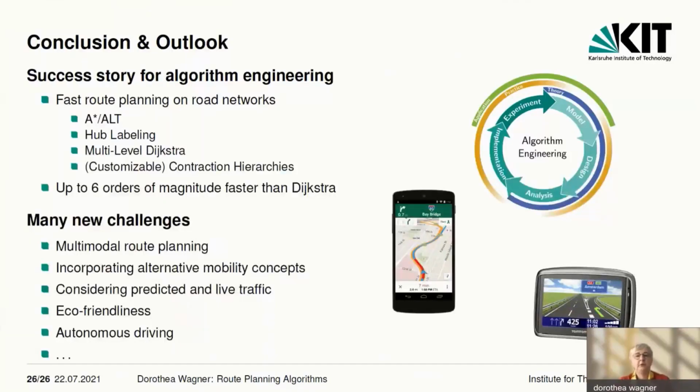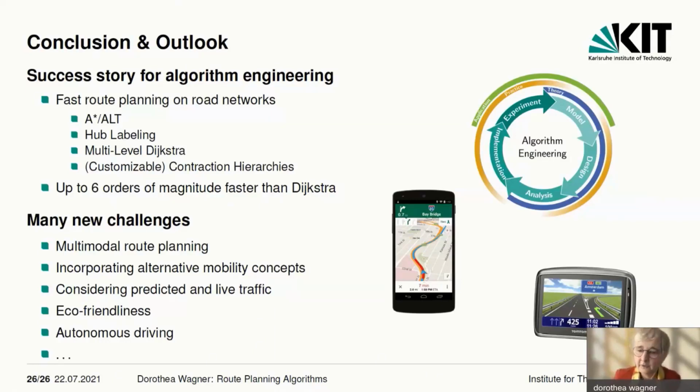And this brings me to the conclusion or the end of the talk. I tried to give you some insights into the research area of fast route planning algorithms. I concentrated on road networks. We looked at A*, at hub labels, and in more detail at multi-level Dijkstra and at contraction hierarchies.